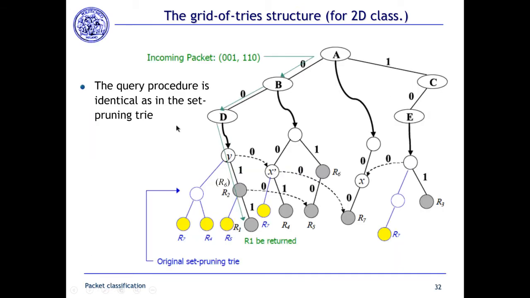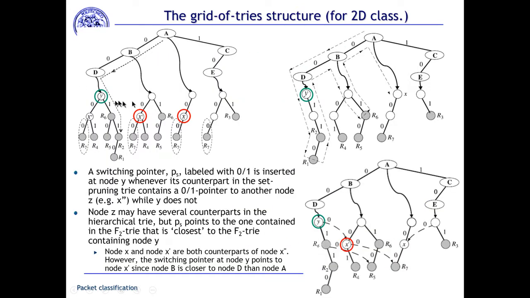So here you have basically an ambiguity. If you arrive here and you have a 0, you may go to x prime here, or you may go also to x. In both cases, you will find rule 7 as a next case, but in this second case, you don't find rule 4.